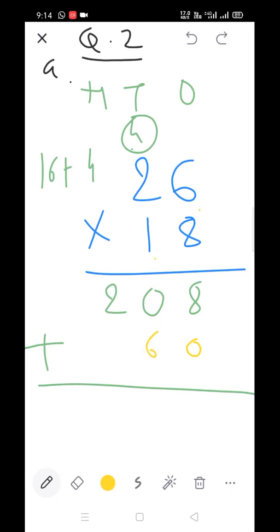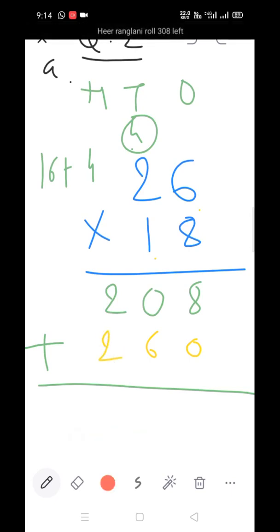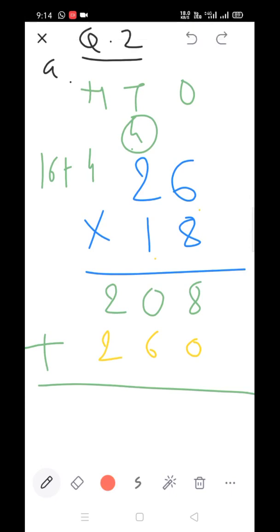Then 1 multiply by 2. 1 two is 2. Start the addition from the ones place. 8 plus 0, 8. 6 plus 0, 6. 2 plus 2, 4. Answer is 468. So lastly you can write down the answer. Therefore there are 468 books arranged in the 18 shelves.